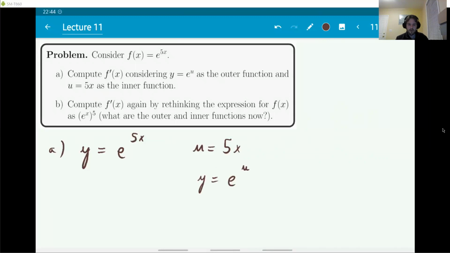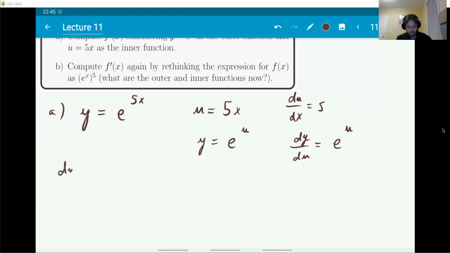This is what we call y. So we're going to be considering these two guys. du dx is 5. dy du, derivative of e to the u with respect to u, is e to the u. Multiplying the two will give us dy dx, or f prime in this case. 5 e to the u is equal to 5 e to the 5x, because u is equal to 5x. That's the answer.